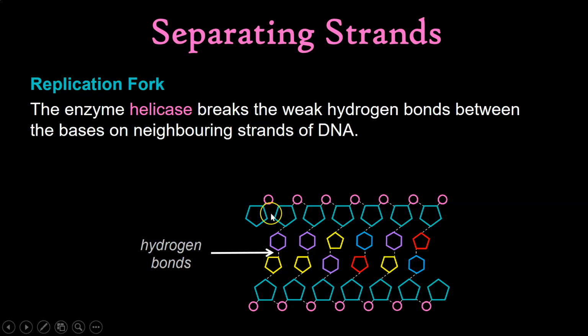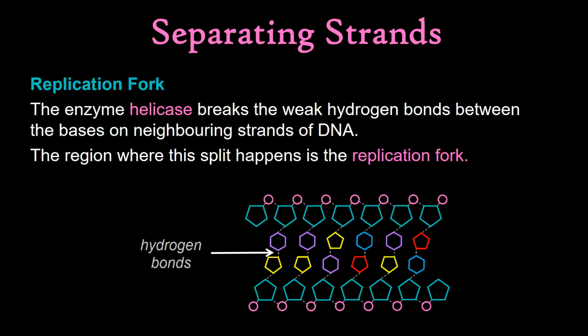So here we have the template strand and the complementary strand. Here are the nucleotide bases matched up with the base pairing rule and held together by hydrogen bonds in between them. So a helicase is going to come in and break those weak hydrogen bonds and enable the two strands to separate.